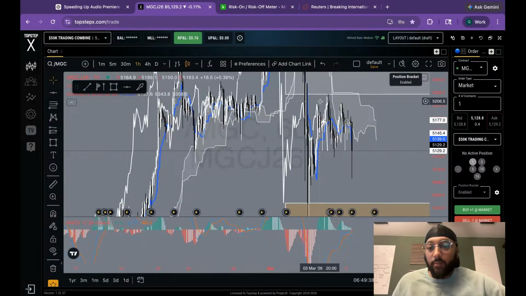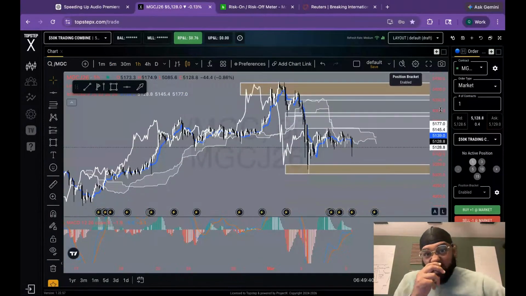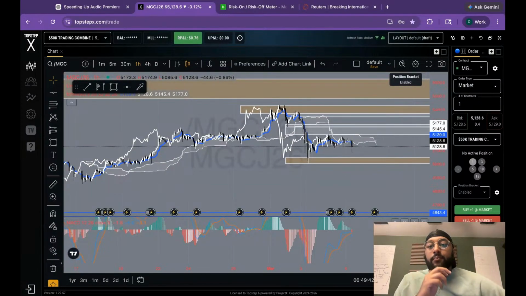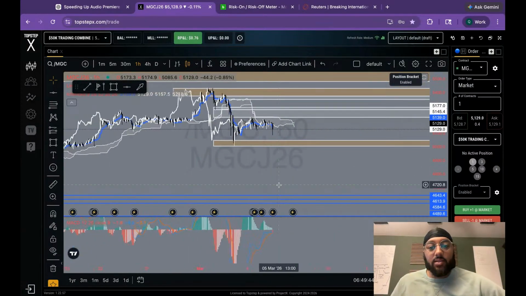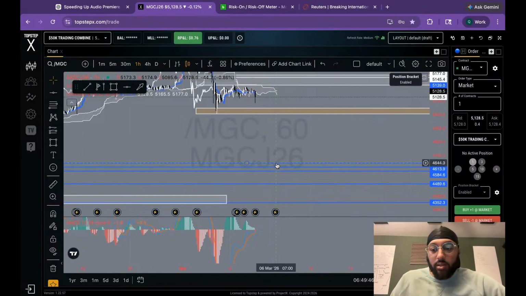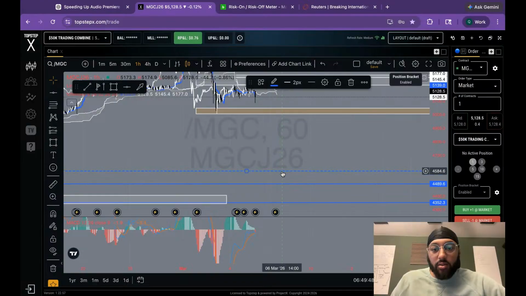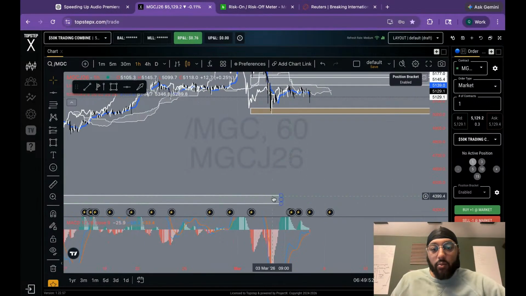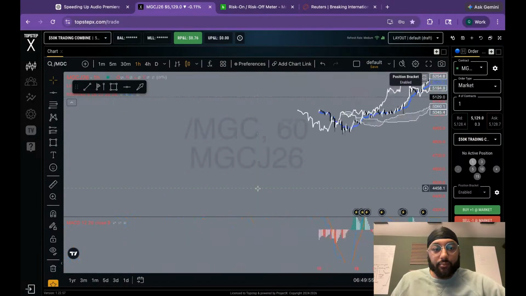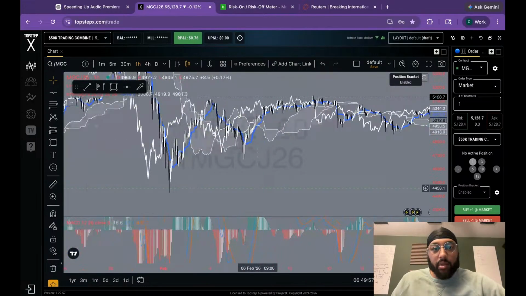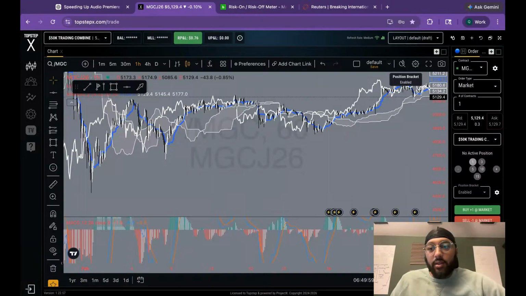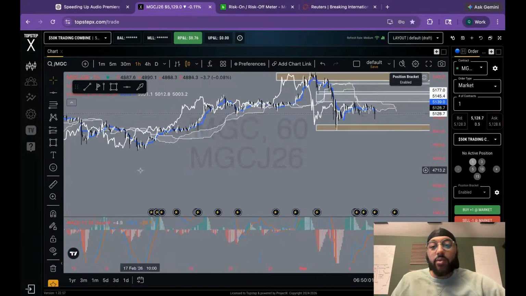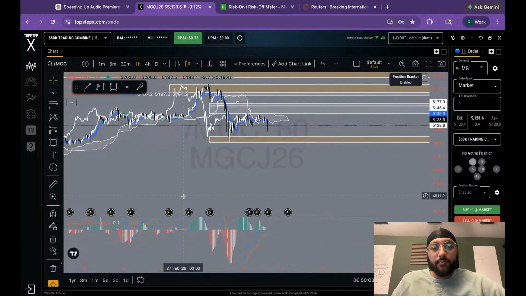So let's zoom out. Let's take a look at some of these areas that I have marked up. I'm still trying to get a feel if I like this orange or not. Because again, the areas of liquidity are super easy to see. Liquidity is found where, guys? Little quiz question for you. Where is liquidity found in the markets?